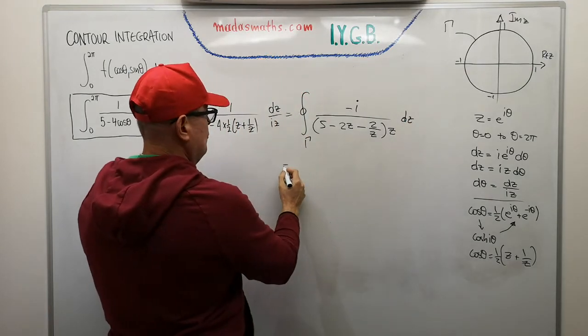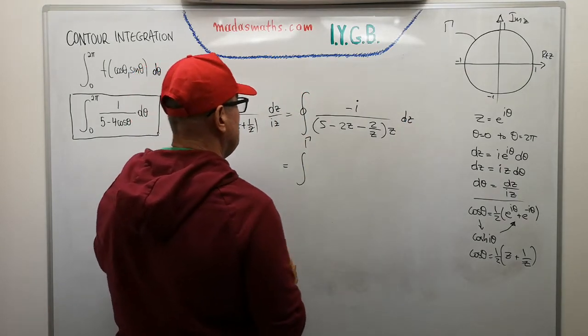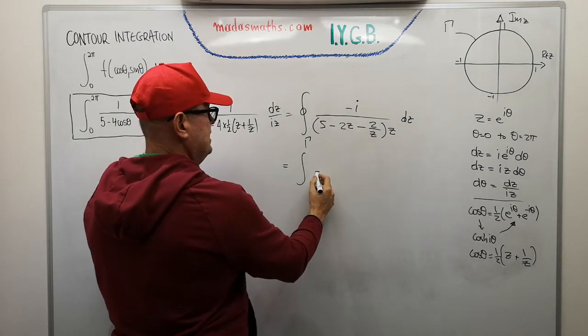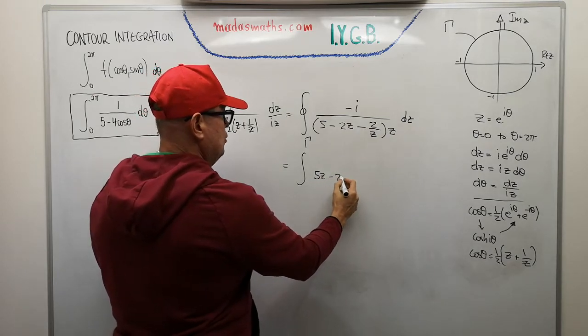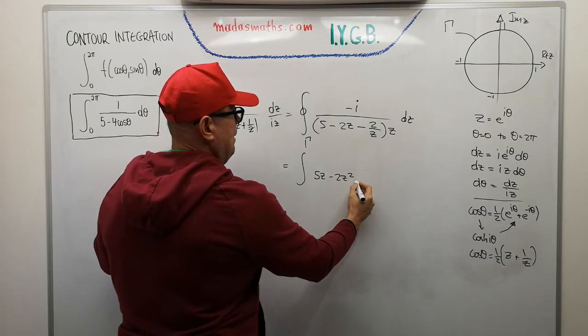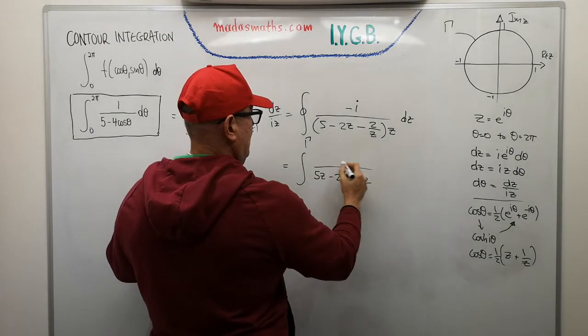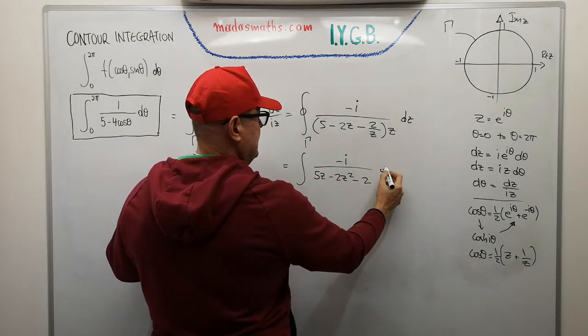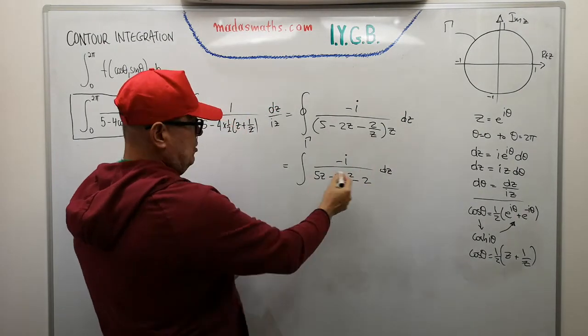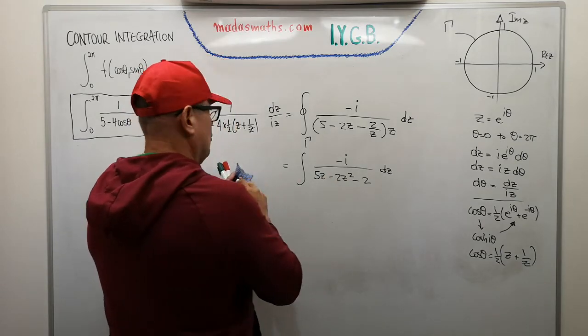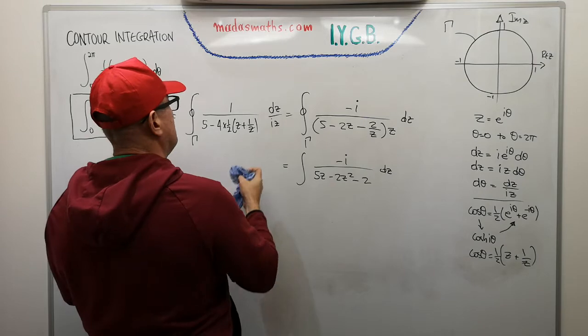Okay, the last part of our simplification is to multiply it out. So we're going to get on the denominator 5z minus 2z squared minus 2, and we have of course the minus i dz. Conveniently, because this quadratic is a mess, the way we got the negative on the z squared bit, we got that minus on the numerator.